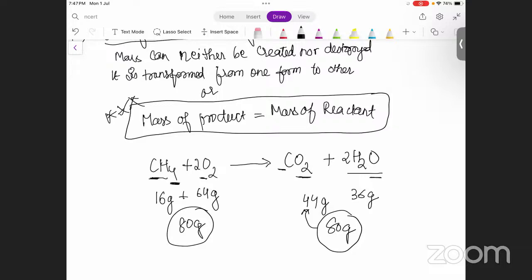So yes, this was a very simple equation and a very basic problem. Now the problems can get complicated as the level increases.